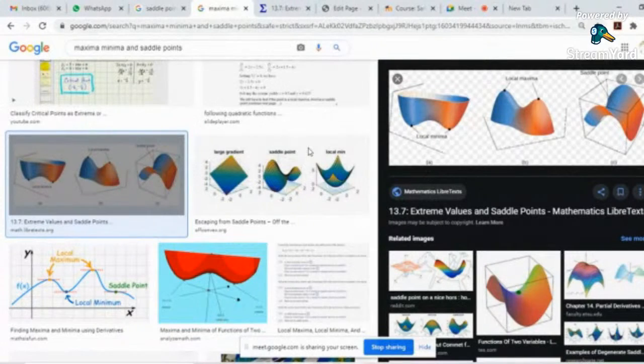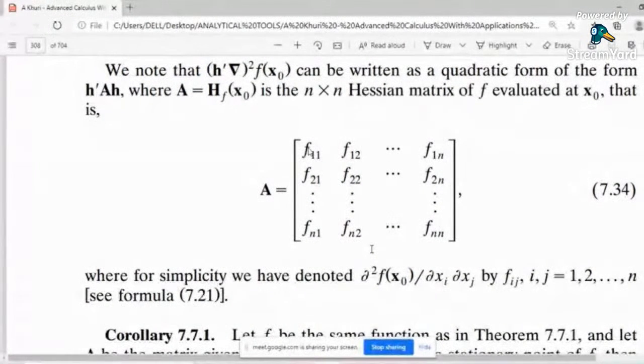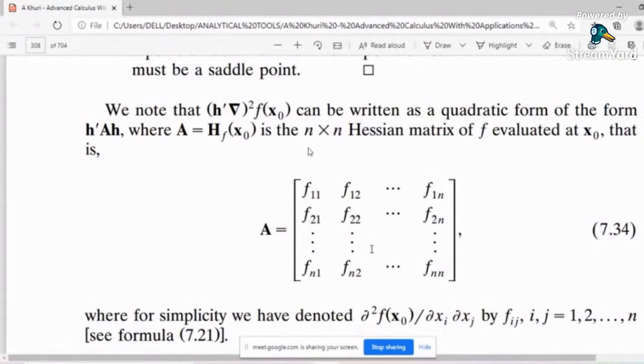Now we move to some notations. This is known as the sign matrix. What is this? F evaluated at x naught, that is f11. What is f11? Dou square f of x naught by dou x1 dou x1.